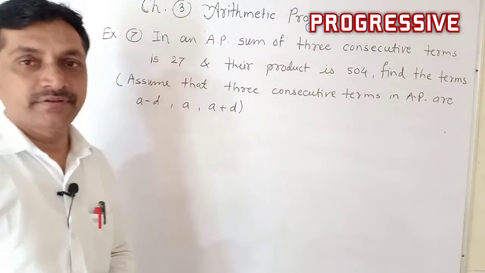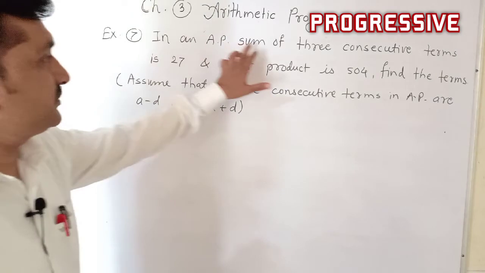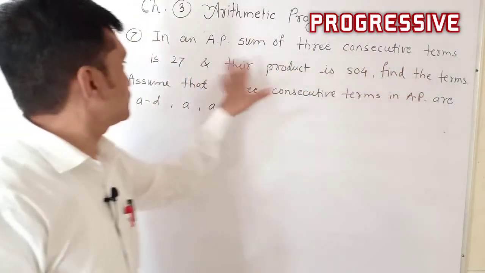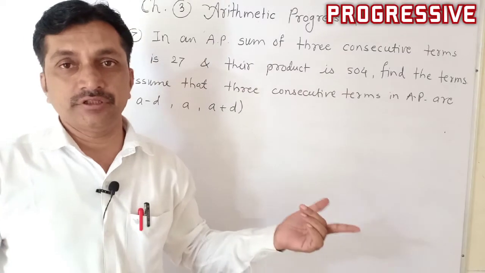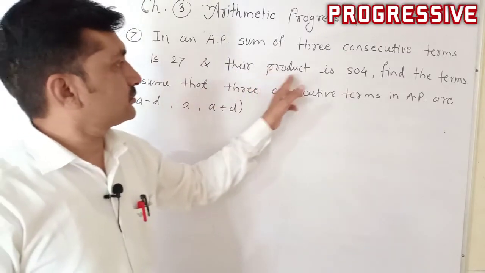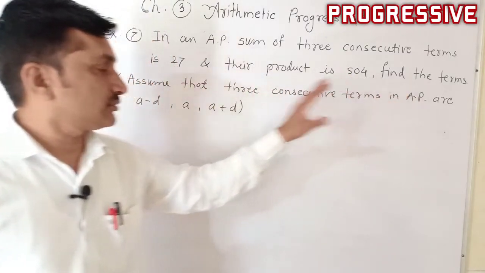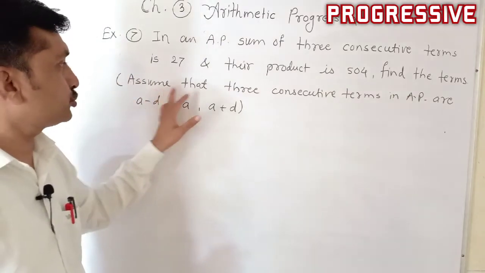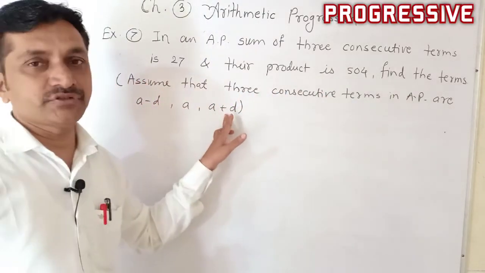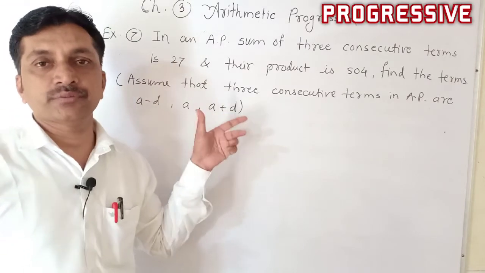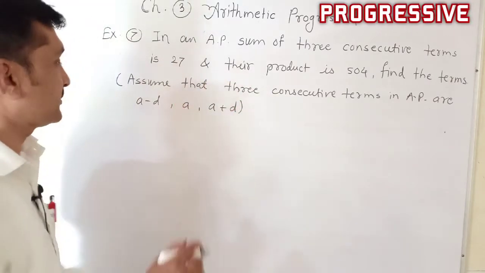Start example number 7. In an AP, the sum of 3 consecutive terms is 27, and their product is 504. Find the terms. In the bracket it is also given that we assume the 3 consecutive terms are a minus d, a, a plus d. These 3 consecutive terms we have to assume for this example.